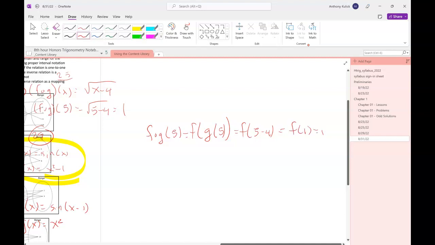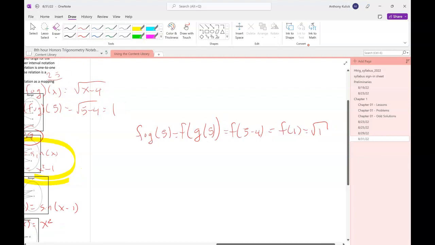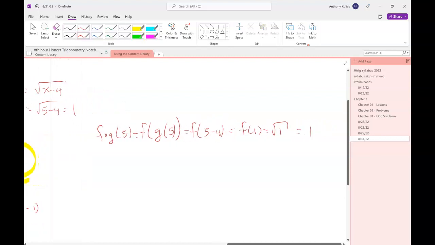And then when you plug 1 in, it was the square root of 1. So you could have done it that way also. Either's fine. You get 1 either way. Happy? Cool. Who's next? I saw some other hands, didn't I, or no? No, I didn't? That's okay.